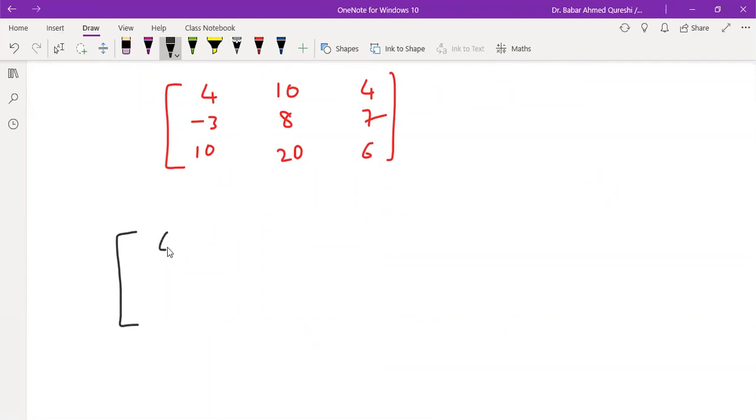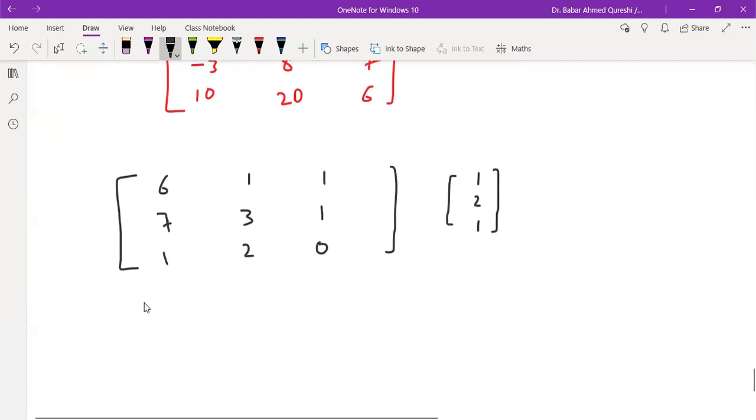You have a matrix with rows 1, 1, 3, 2, 1, 1, 0, and I have a vector, and I want to multiply this matrix with this vector using the second method, thinking of them as columns.